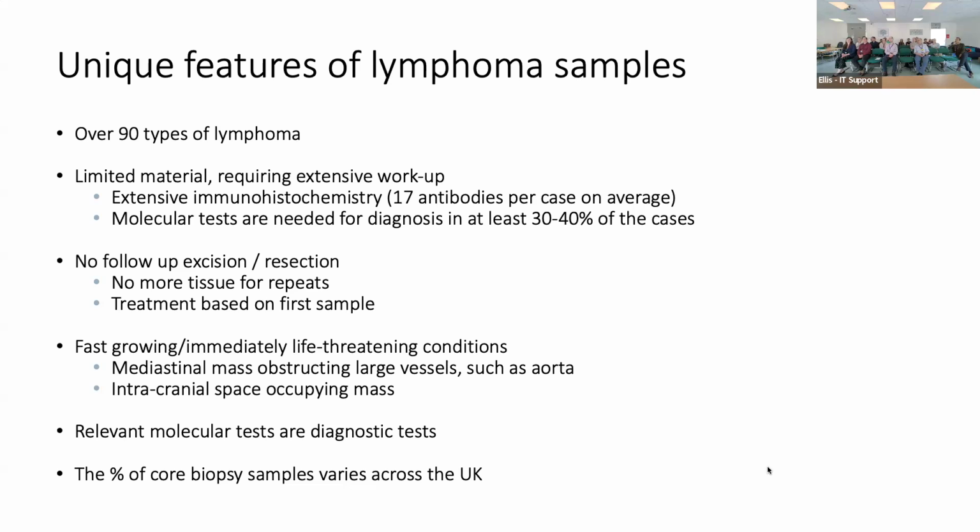We do 17 plus immunohistochemistry sections quite often, which means we're just cutting, staining, going back and forth, comparing all the time. So if you take the same amount of core biopsies or otherwise from a breast sample as you do from a lymph node, we do an awful lot more during the diagnostic histopathological workup of it.